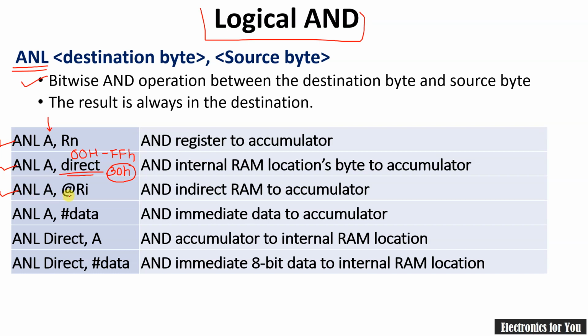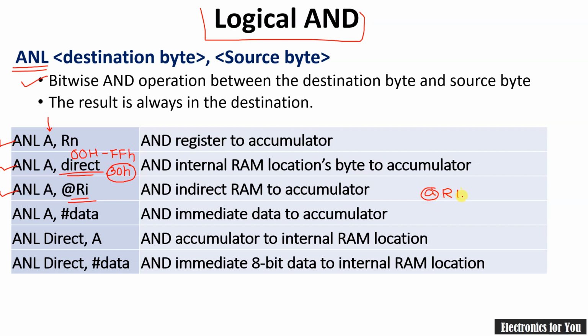ANL A, @Ri. Here Ri may be R0 or R1, so the instruction may be ANL A, @R0. In this case it is indirect addressing mode, so @Ri is indicating an indirect address.